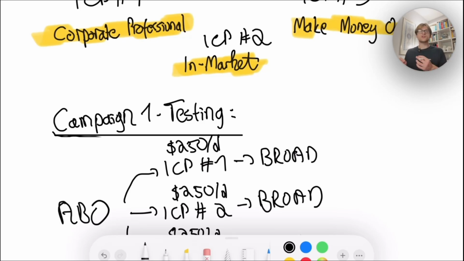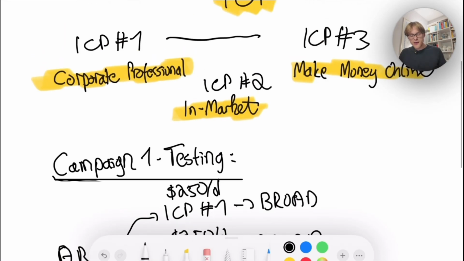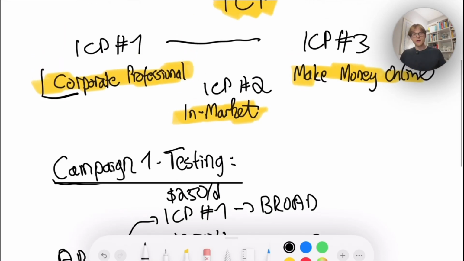And I'm doing this, but I'm doing this per ad set, per persona, because I don't want to confuse the algo. Let's say I'm targeting corporate professionals, okay? Corporate professionals are going to have a completely different Instagram and Facebook browsing history than somebody who's already in market for e-commerce. The guy who's in market for e-commerce has a completely different algorithm built in that's recommending him e-commerce posts. The other one is just an algo looking to make money online, right?